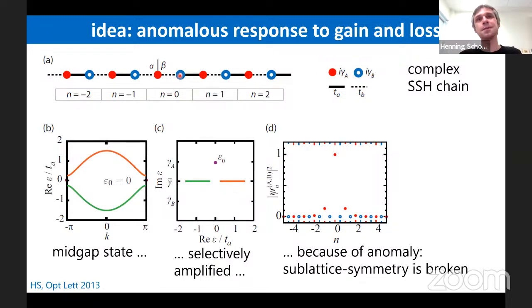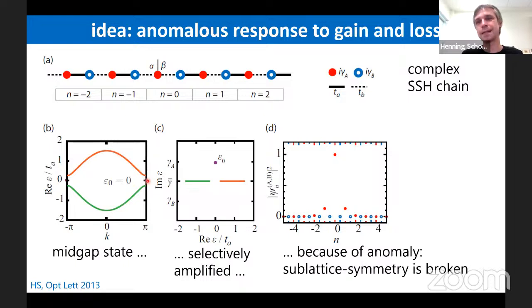Now, what's going to change is actually not so much again the extended states. If I look at just the real parts of all the energies, the real parts of the energies don't really seem to be affected too much. In this case, actually, the gap becomes a little bit smaller, but the symmetry of these states will be preserved.